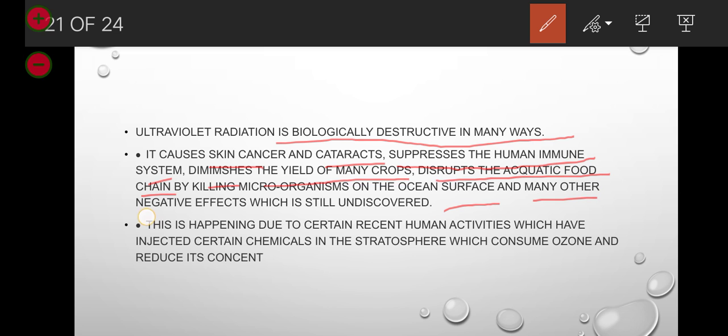Many other negative effects are still undiscovered.